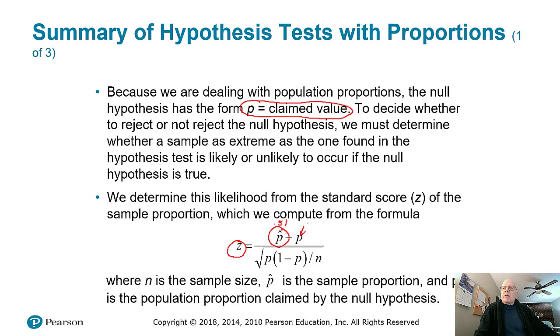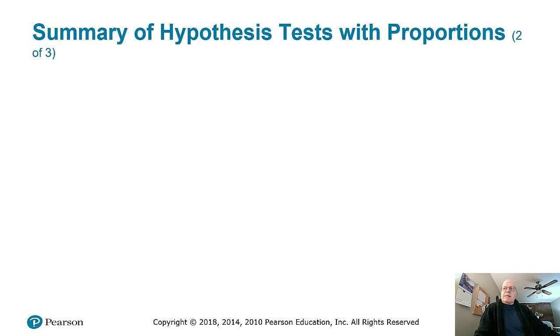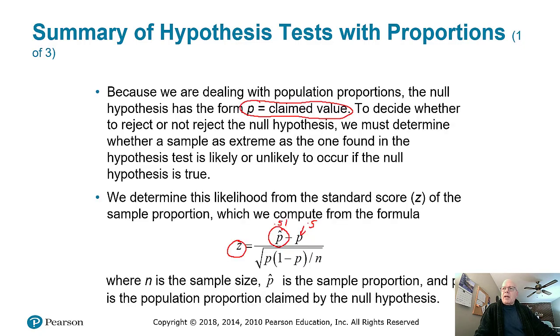And this is the 0.5 that we're comparing it against. Put these p's in the bottom at the proper places. By the way, this is that q I was talking about earlier. It's just an alternate way of writing the denominator. PQ divided by n is another way of writing it.